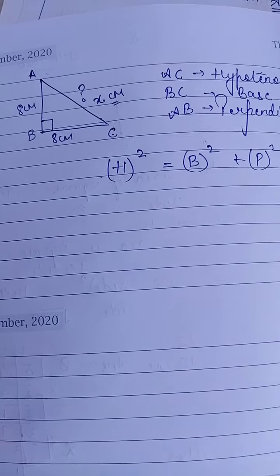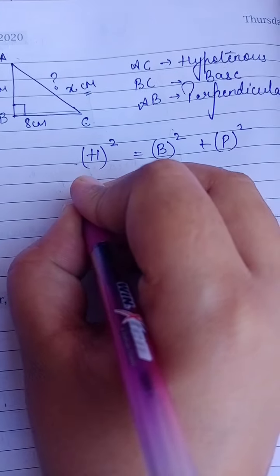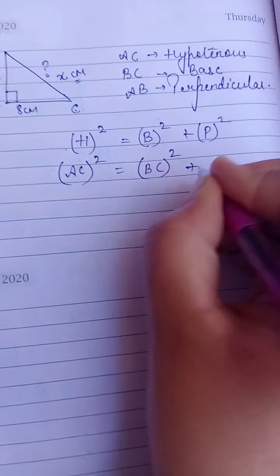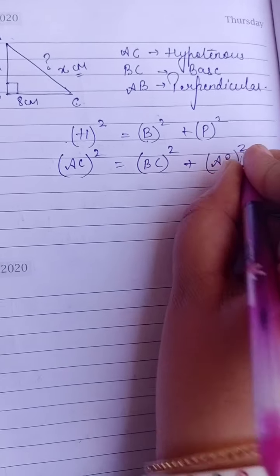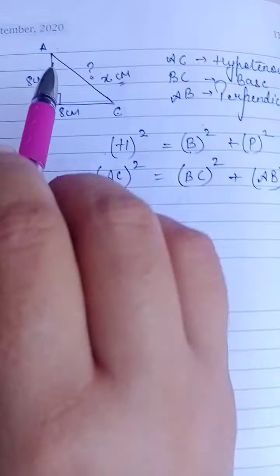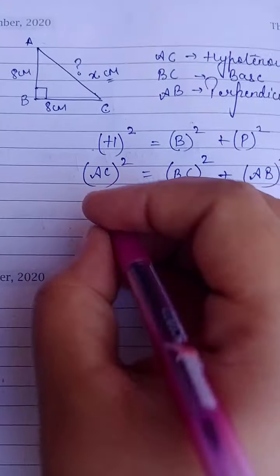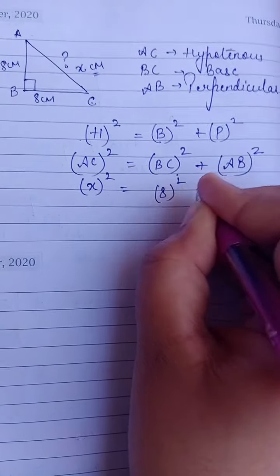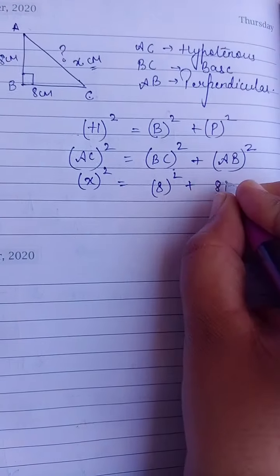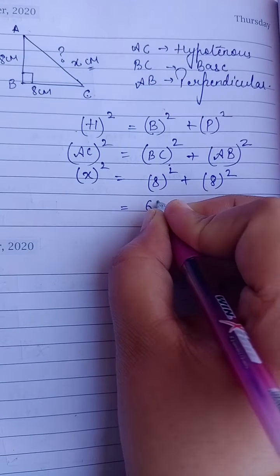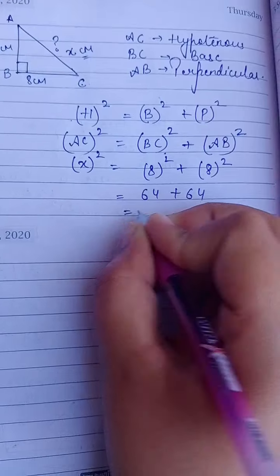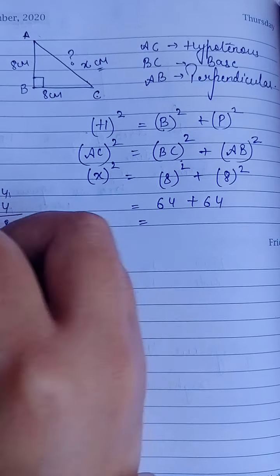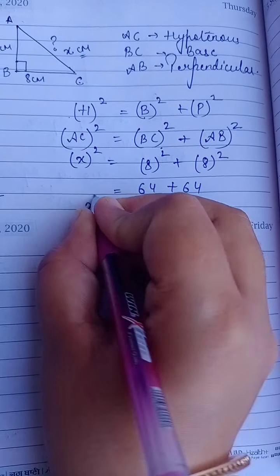Simply put the values. Hypotenuse AC squared, base BC squared, perpendicular AB squared. AC is unknown, x squared, BC is 8 squared, AB is 8 squared. 8 8s are 64, 8 8s are 64. So 64 plus 64 gives 128. x squared equals 128.